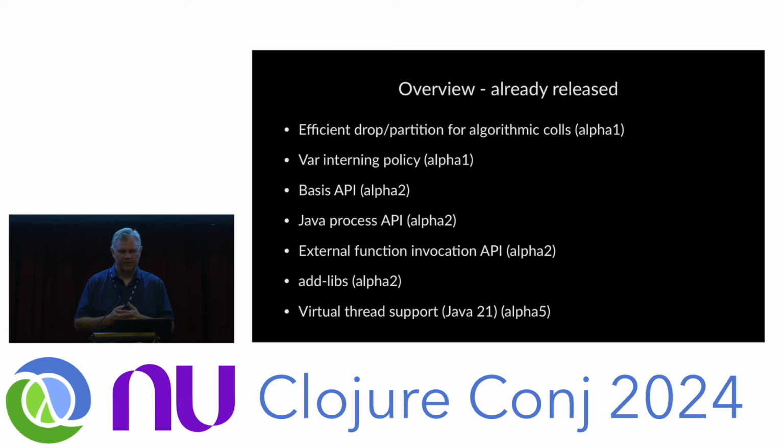So there is now an internal interface called IDrop, which is a fun name, and all of those algorithmic collections like range, repeat, cycle, and some indexed collections like vector now support it. Basically, I am a thing that is able to give you a chunk of things, and if you drop, you get back something of the same type you had originally, not a generic sequence. So it has the ability to keep doing that work over and over again.